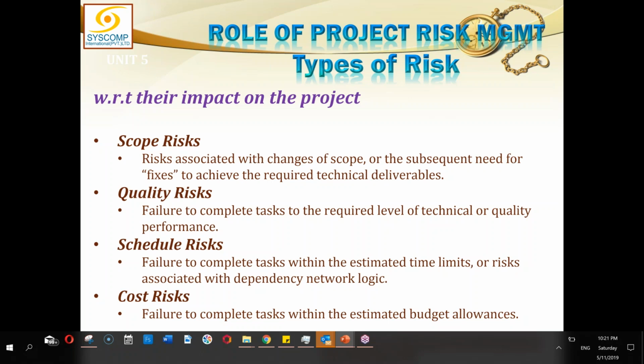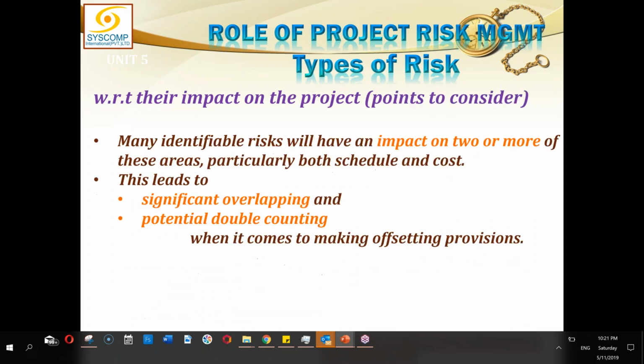So risk is all about the impact on the project, and impact can only be caused through the project objectives. Many identifiable risks will have an impact on two or more of these areas, particularly both schedule and cost. This leads to significant overlapping and potential double counting when it comes to making offsetting provisions.